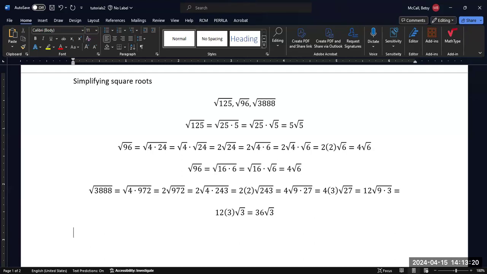You can just start with what you know you can divide out of this, simplifying the problem until you get to a point where you are as simplified as you can get. And sometimes I find that being methodical can be really helpful in making sure that you've done this process and you're not just leaving it because you think that there's nothing that can go into this.